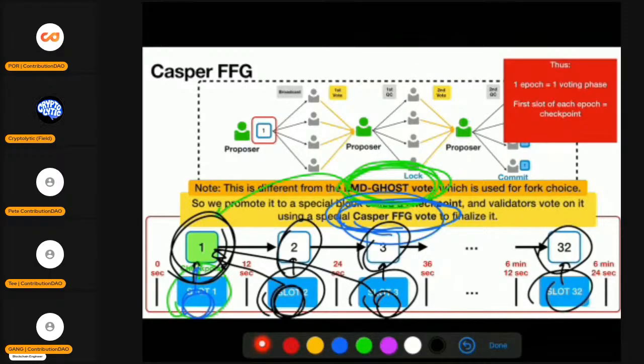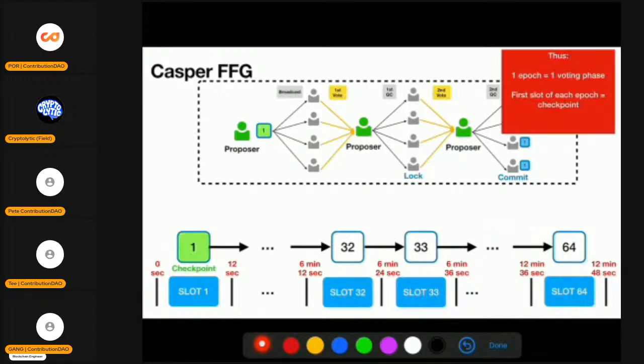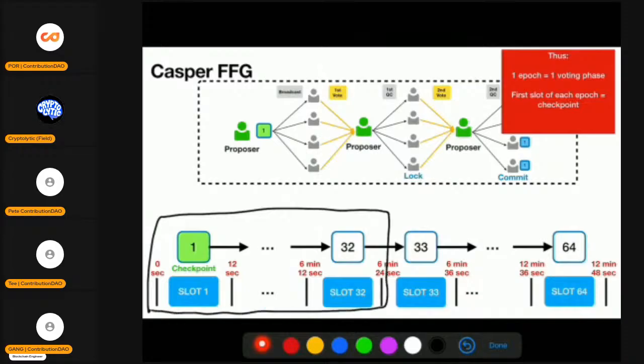Okay, so you would have something like this. This one is one epoch, and this one is the checkpoint, the same as this block.